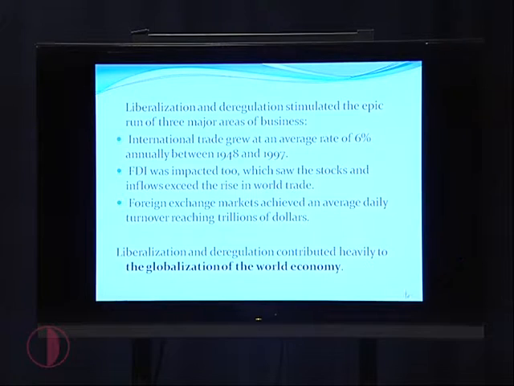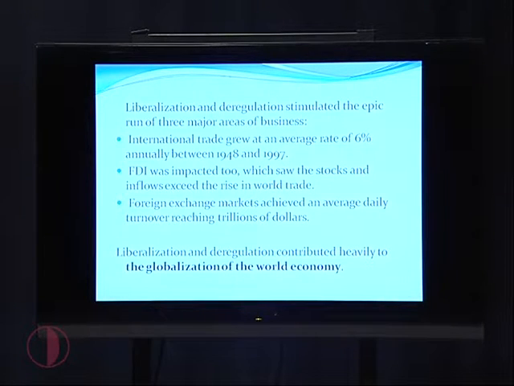So, what happened after liberalization? Liberalization and deregulation stimulated the epic run of three major areas of business. First, international trade grew at an average rate of 6% annually between 1948 and 1997.